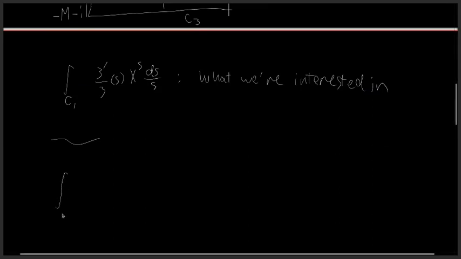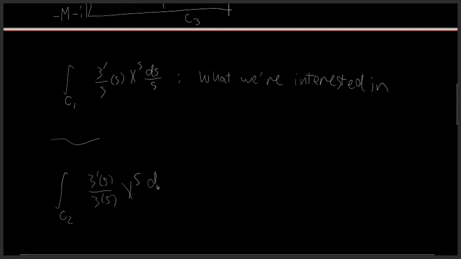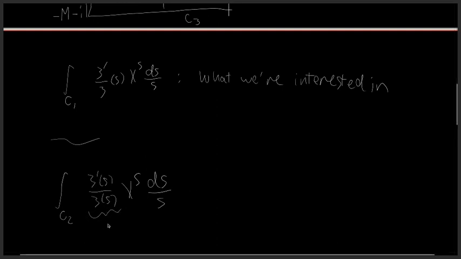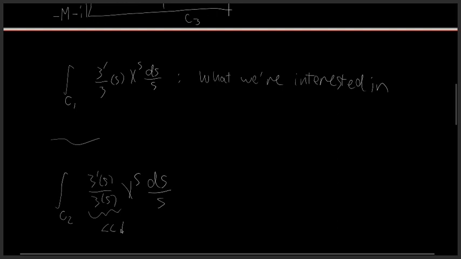So the integral along C2 of zeta prime of s over zeta of s times x to the s ds over s, let's use this bound that we got to say that this piece here is at most t to the epsilon.